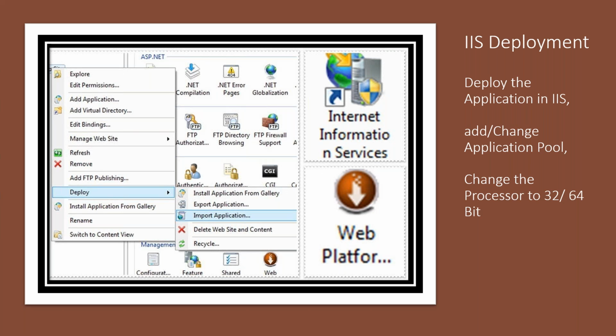IIS, Internet Information Services, is useful for the deployment of .NET applications. I'm going to teach the deployment process also: how to deploy the published content on the server, how to create the applications and the application pool, and how to change the application pool size and the processor type to 32-bit and 64-bit in our upcoming sessions.